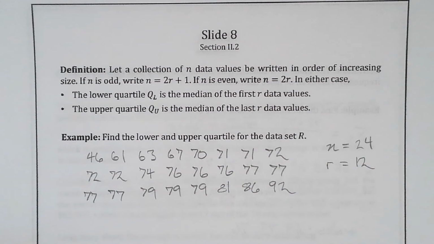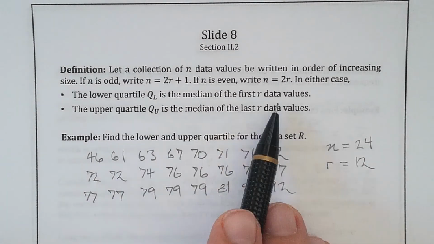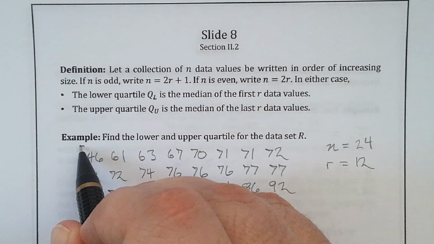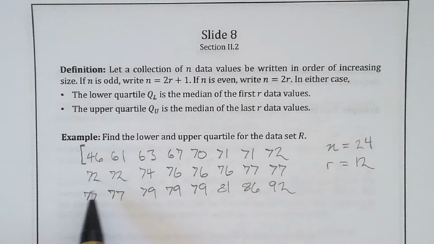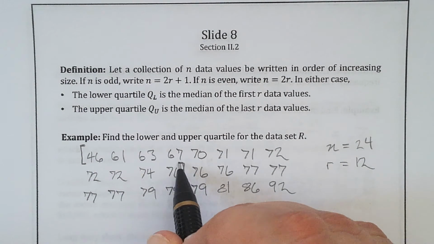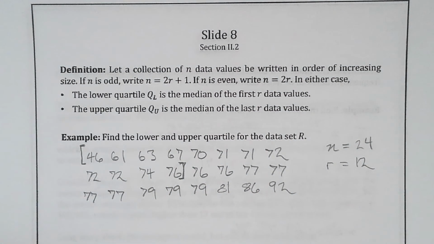And the lower quartile is the median of the first r data values. So let me bracket those off, and I compute the median of that set. It has 12 scores, which is even.